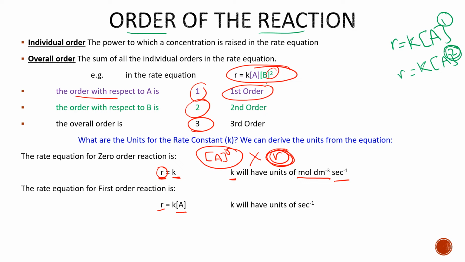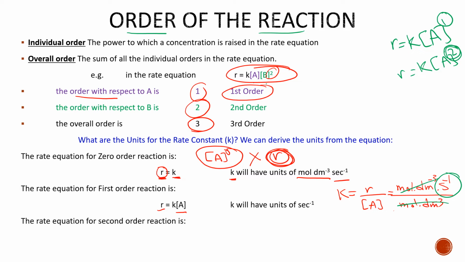It's very easy. Because in this case K is equal to R over the concentration of A. The unit of R is mole dm^-3 s^-1, all over the concentration of A, which is mole dm^-3. So it will be cancelled out, and the leftover is second to the power negative 1.